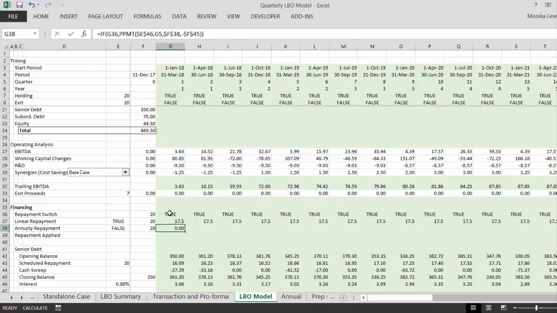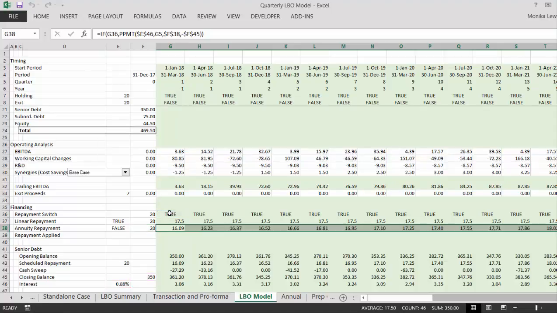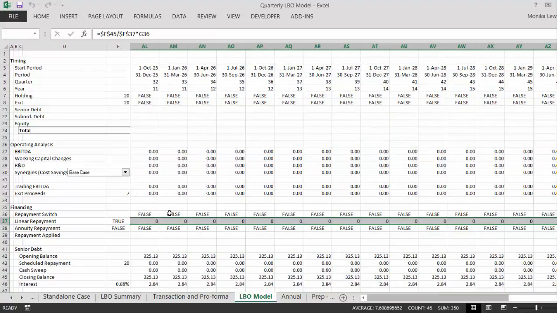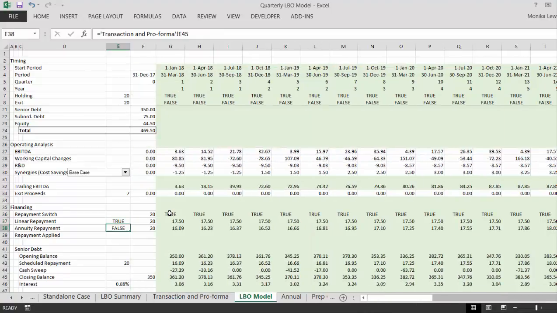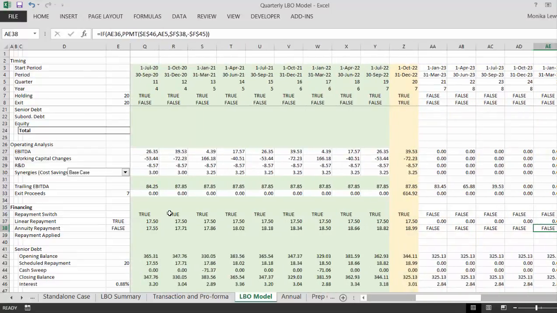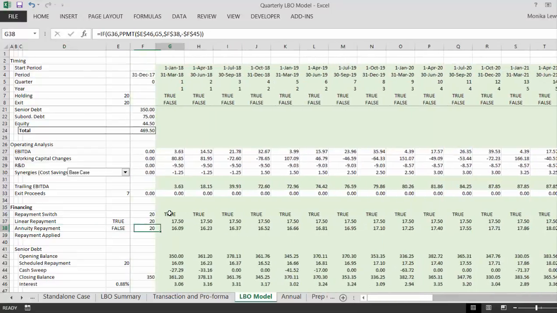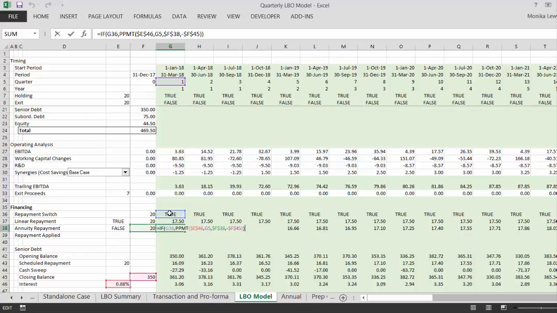And oh no. Interest rate? Why is that 0? Oh, it's just because it's really going slowly now, so it's not really 0. Okay, and then again, if you for some reason don't like these falses, I kind of like them, but if you don't really like them, then you just multiply that by the 1.